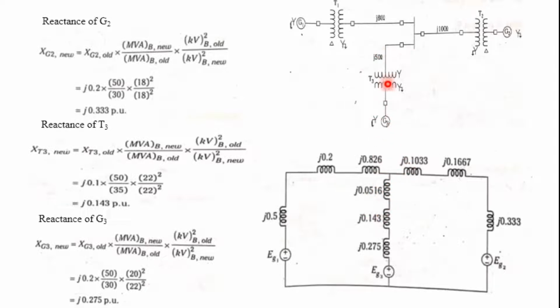Then we have transformer T3. Then the G3 generator, with its reactance and source of EMF. Then the transmission line, then the transformer, then the generator. There is a reference, which we call the reference or the ground. This is how we need to solve the numerical.